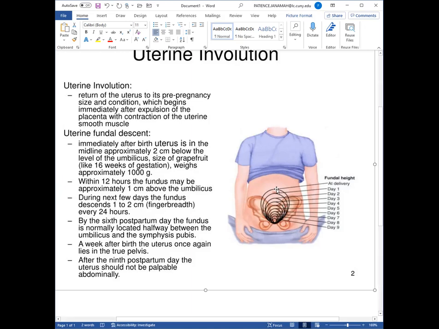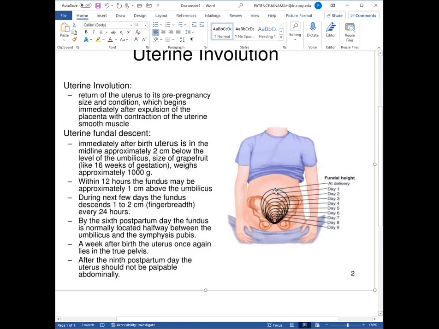Remember, I had shown you a picture of the week by week growth of the baby in the womb, up to 37 weeks and 40 weeks of delivery, where the uterus rises above the symphysis pubis at 12 weeks, 24 weeks, and then goes up higher all the way until it becomes big.